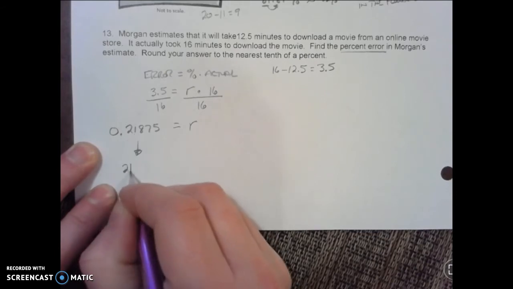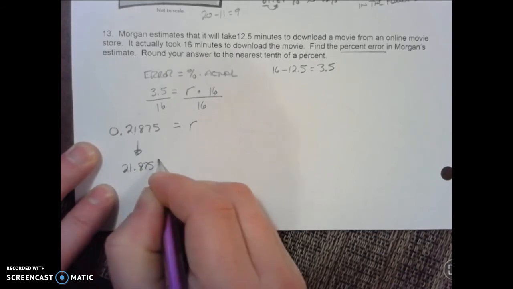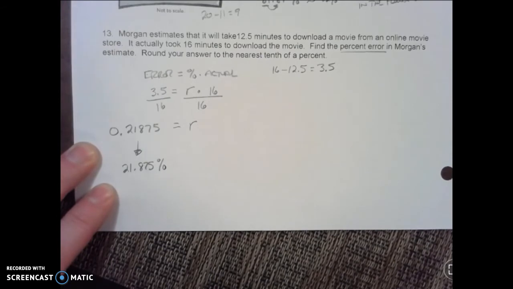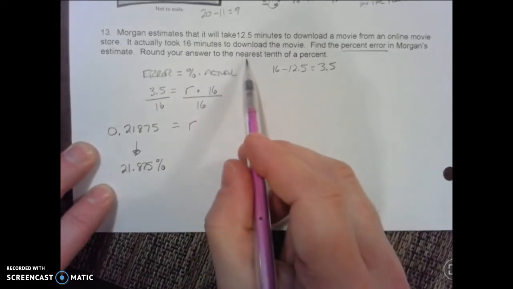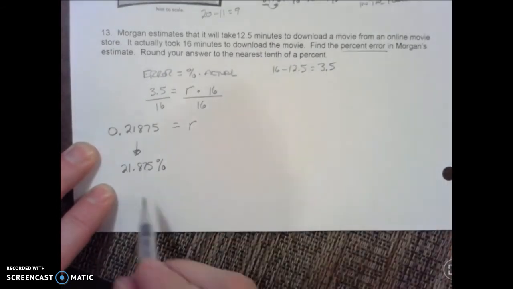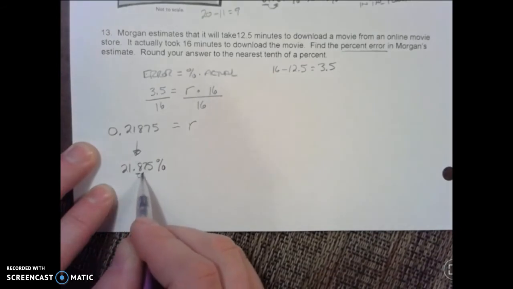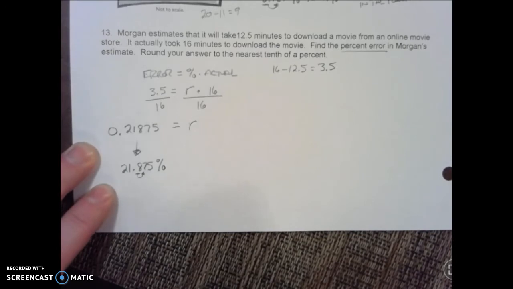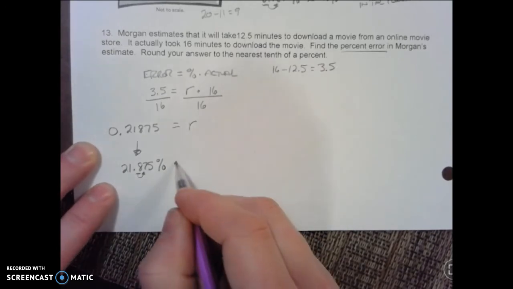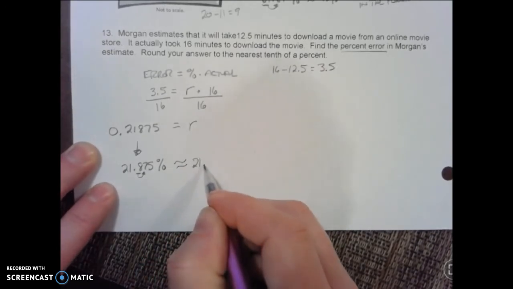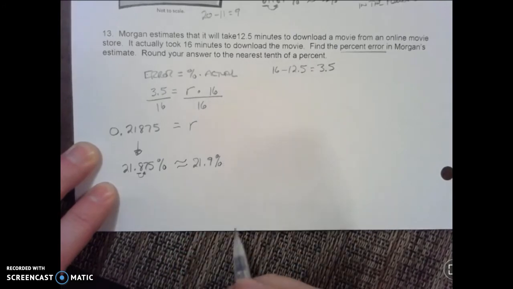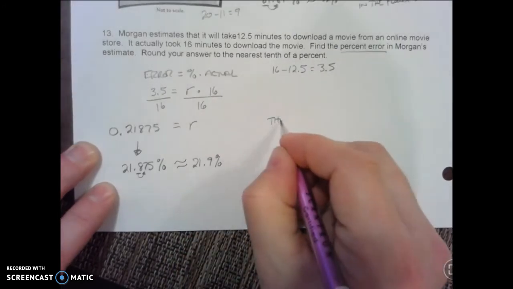We get 21.875 percent. The question said to round your answer to the nearest tenth of a percent. So right now it looks like it's 21.8. We look at that hundredths place and see a 7, which is enough to round us up to approximately 21.9 percent.